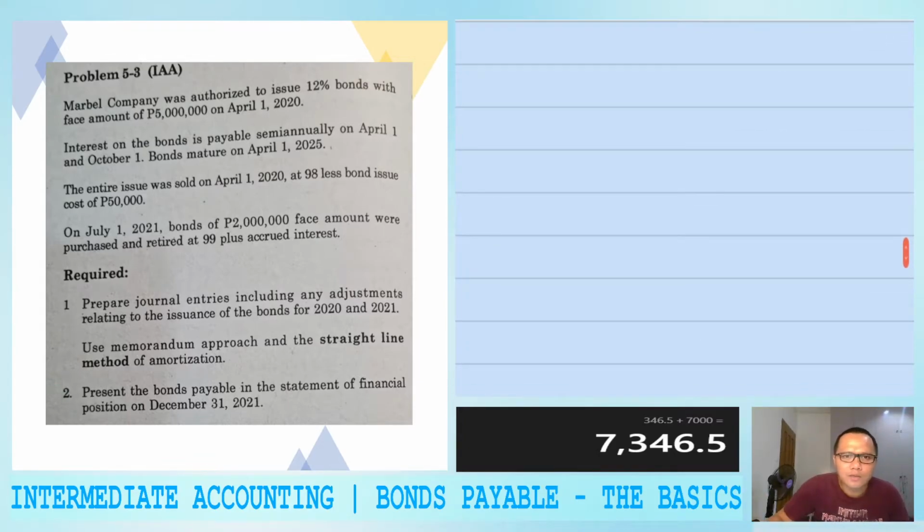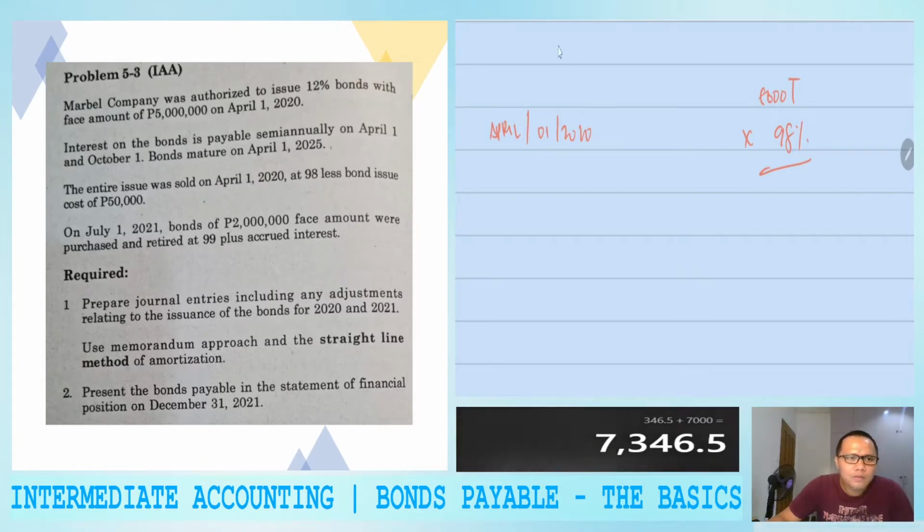So, with that, let's say we have this transaction. On April 1, 2020, a face amount of bonds amounting to 5 million was sold at 98%. So obviously this is discount, di ba?